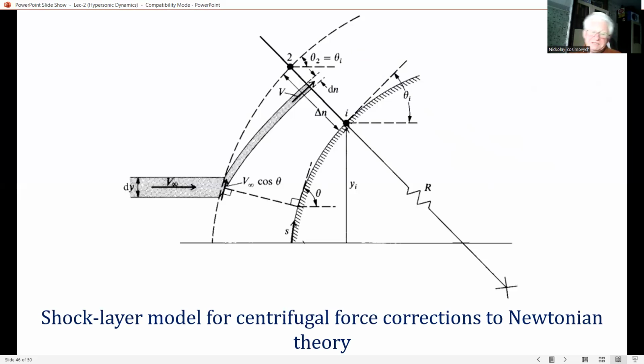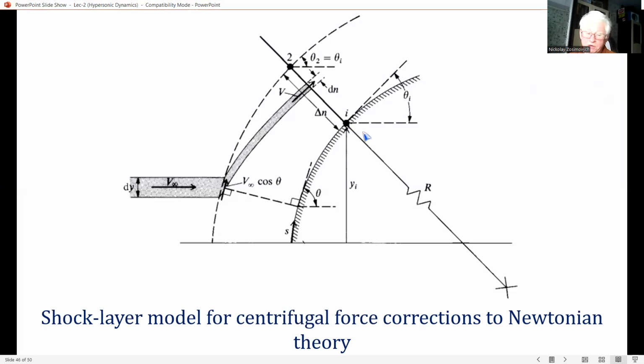Therefore, in our figure, we are considering a thin layer of flow over the body, bounded by the dashed line and the body itself. For clarity of presentation, the thickness of this layer is greatly magnified. Consider point i on the body.